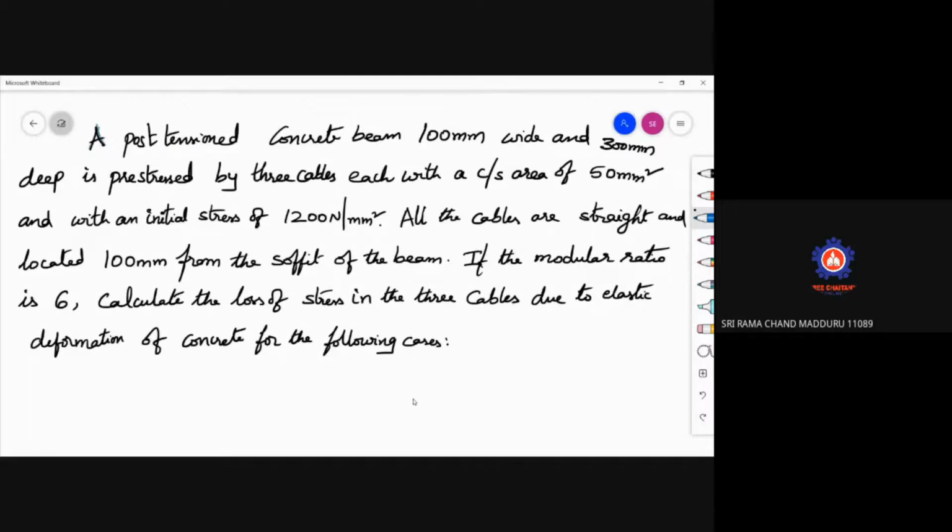The first one is simultaneous tensioning and anchoring of all the 3 cables.